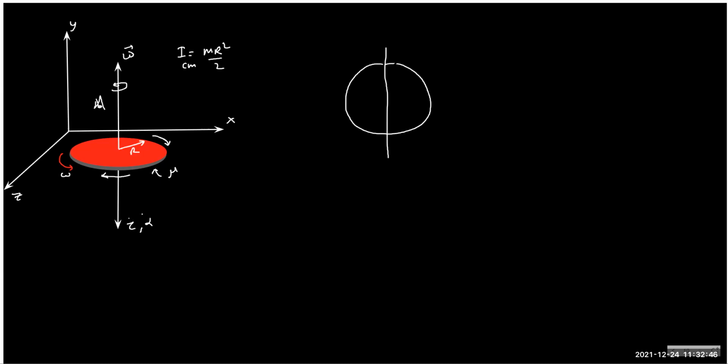So when you toss a coin, it turns about the diametric axis, and the spin is always maintained because gravity is something which cannot change the spin.